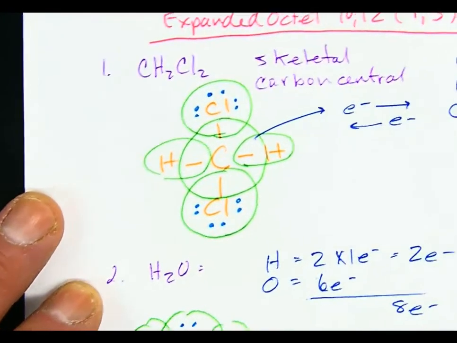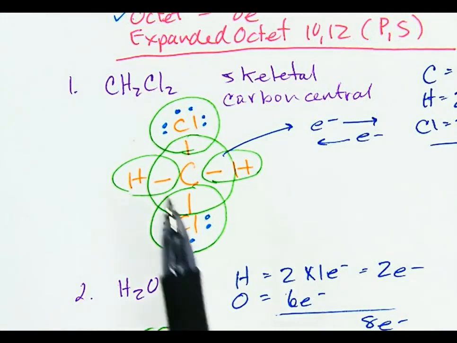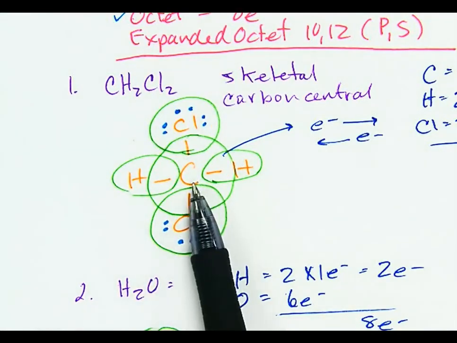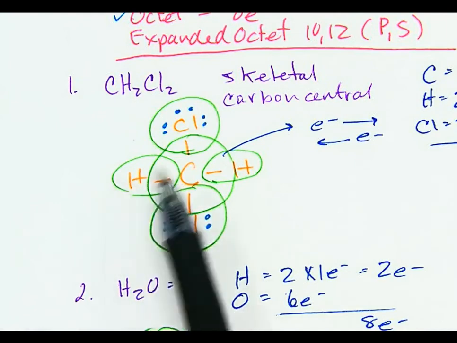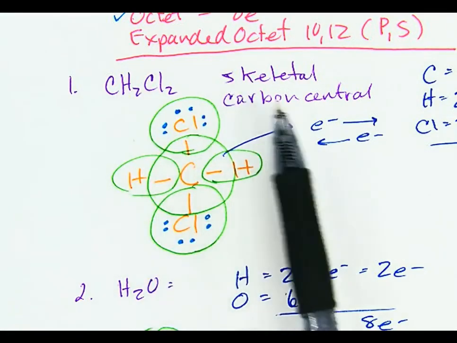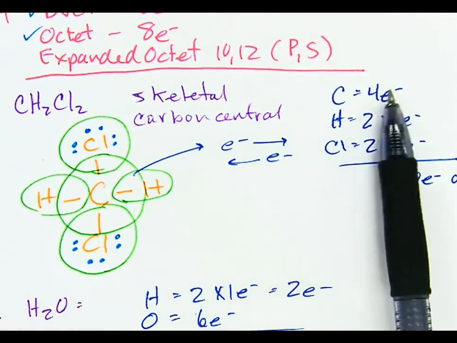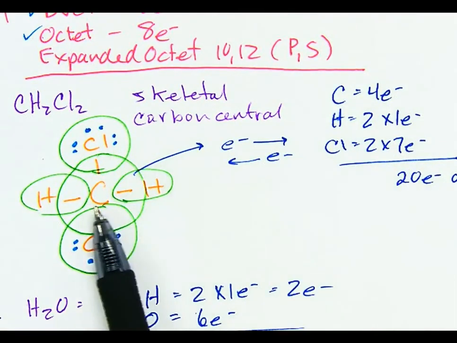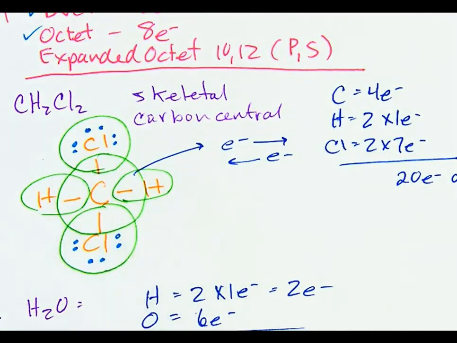When you're starting out, probably the best strategy is to do the same way every time. And so you have carbon here in the center, and then after you count up all of the electrons involved in bonding, you are going to distribute them in a skeletal structure.